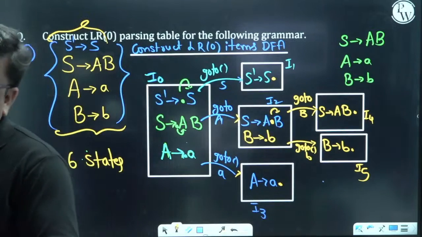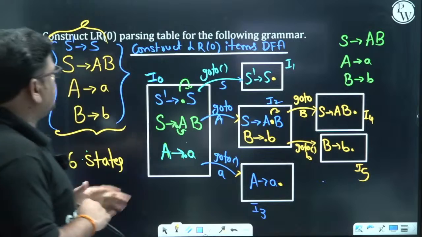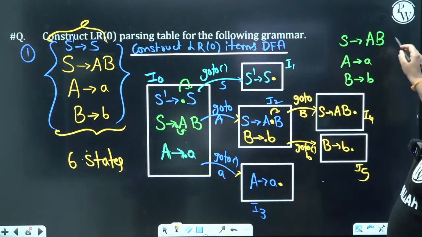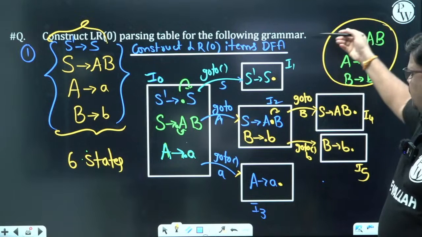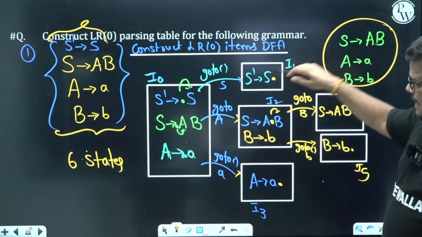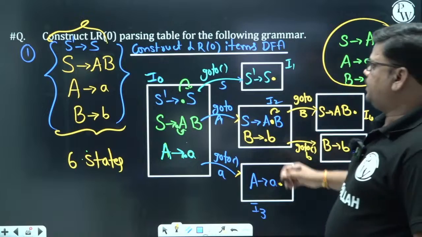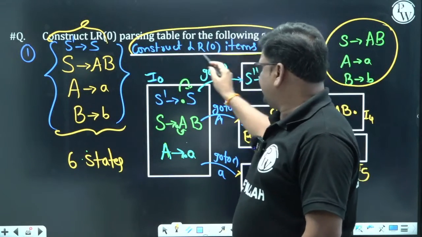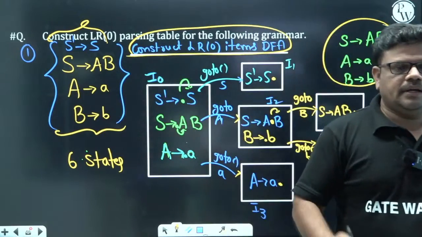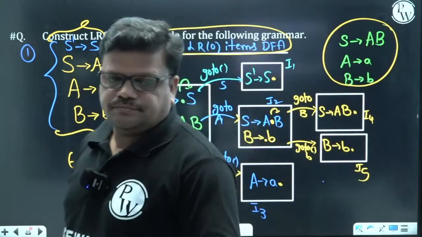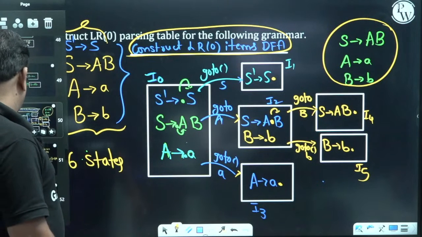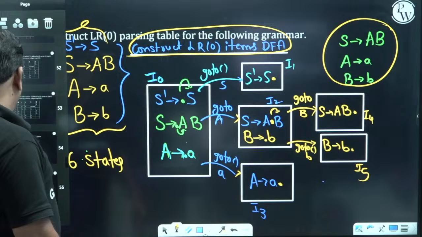So let us practice one more example of how to construct this DFA. Whenever a grammar is given, converting the grammar into this DFA, the name of the DFA is LR0 items DFA. Constructing the LR0 items DFA for the given grammar productions.